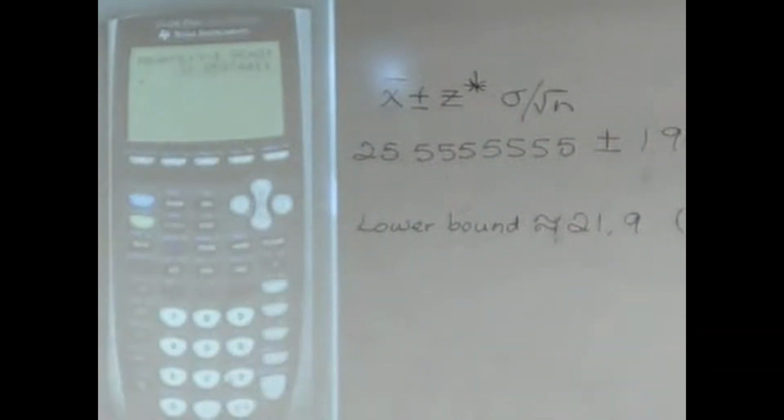For the upper bound, let me change the mode on this so that you can see the whole line I put in there. So the previous thing I did, if you want to read the whole line, looks like that.